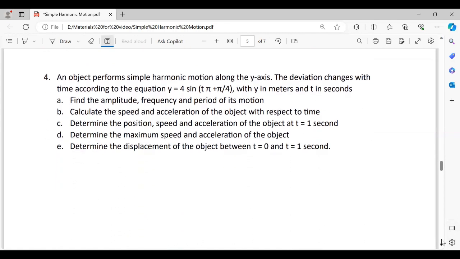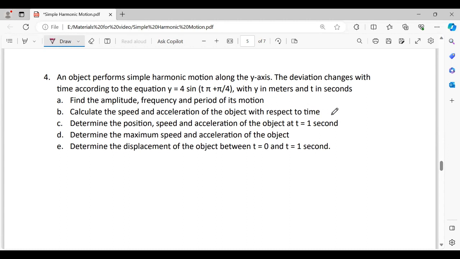Number 4, an object performs simple harmonic motion along the y-axis. The displacement changes with time according to the equation y equals 4 sine of t times pi plus pi over 4, with y in meters and t in seconds.